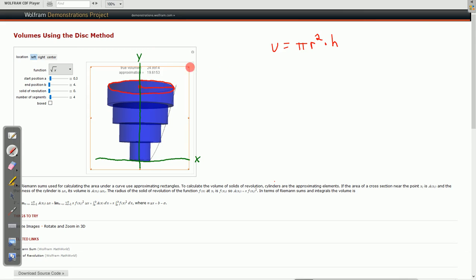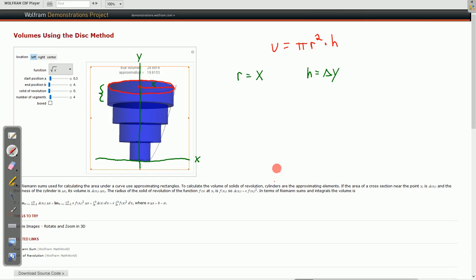And so our radius is now the x value instead of the y value. And the height is now the change in y, not the change in x.